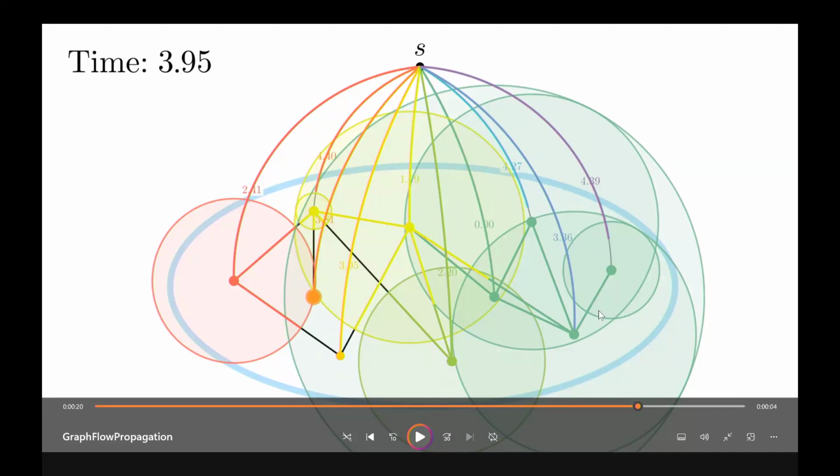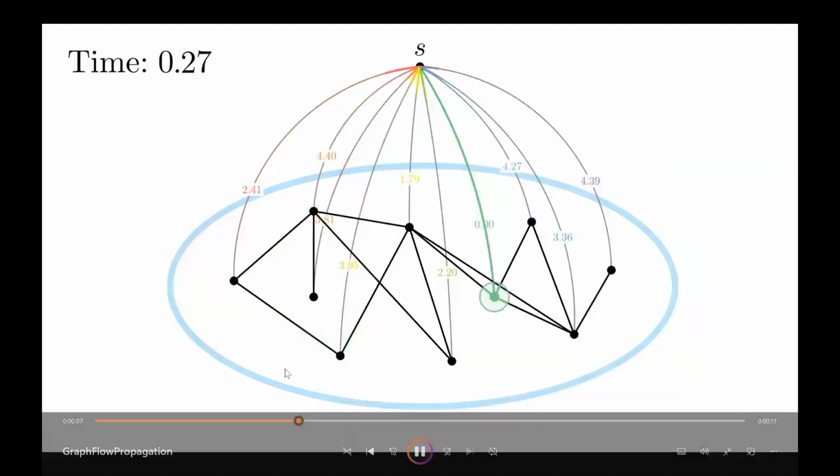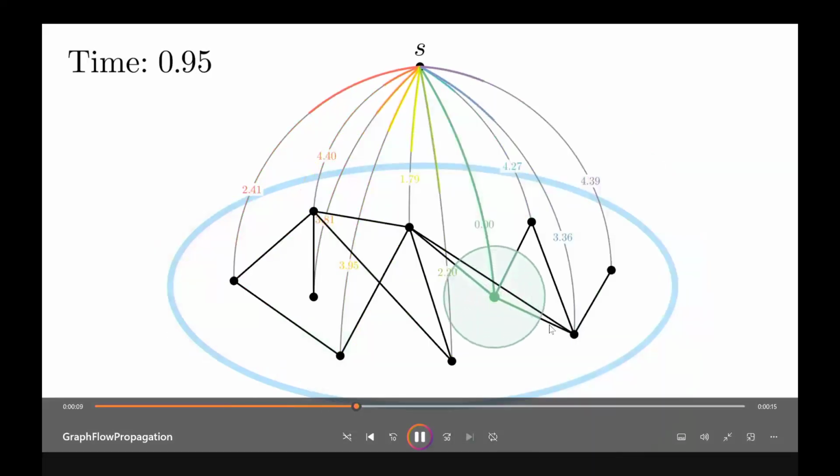I don't quite get why the green balls grow faster than other balls in your animation. Could you explain? They just started earlier. Because these super nodes have a direct connection to every node. So from S you connect to every node, and then with some offset, all of them start filling up.